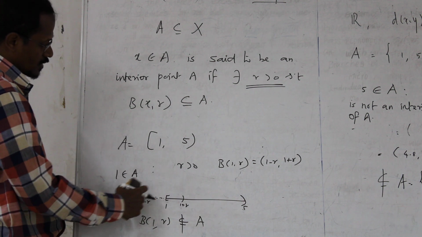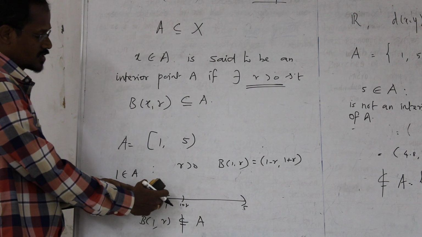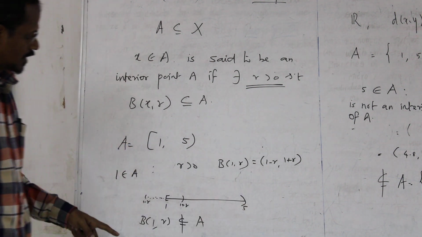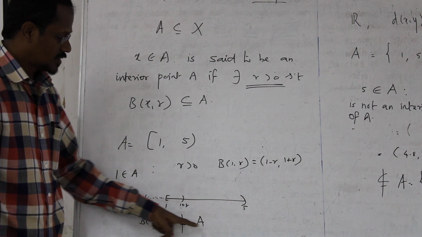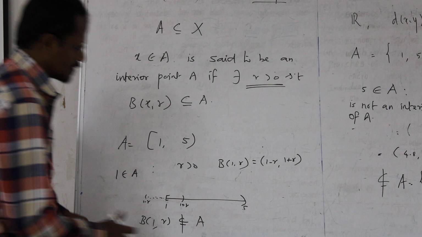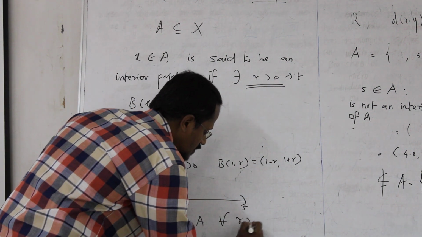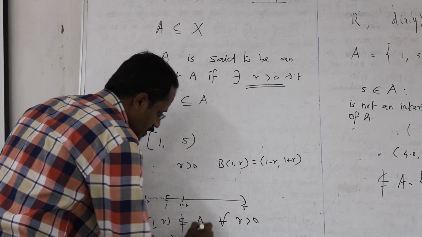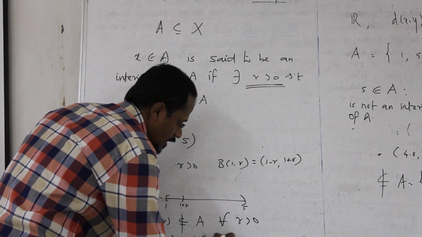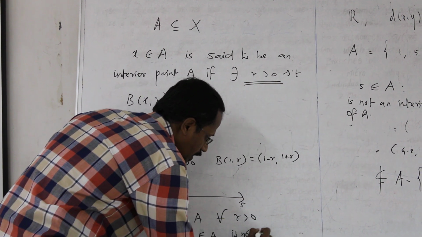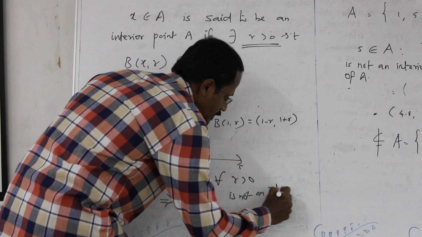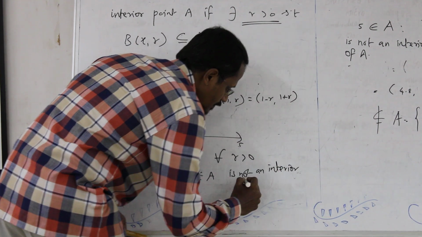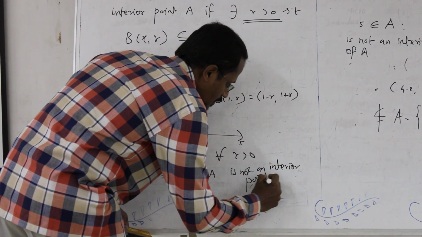So the left portion, 1 minus r to 1, contains many points which are not in this set. Therefore B(1, r) is not a subset of A for any positive r, which means that the point 1 in A is not an interior point of A.